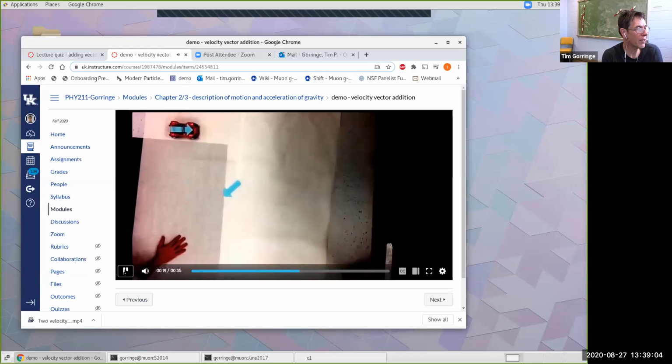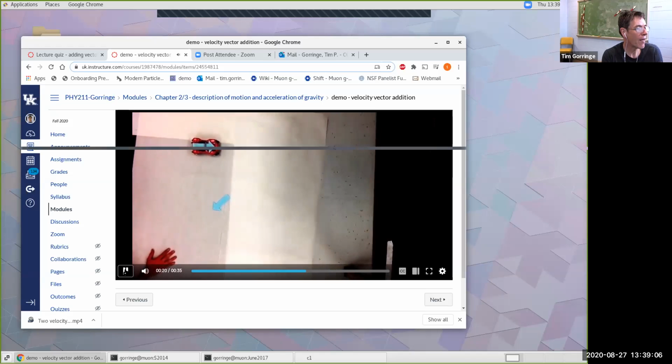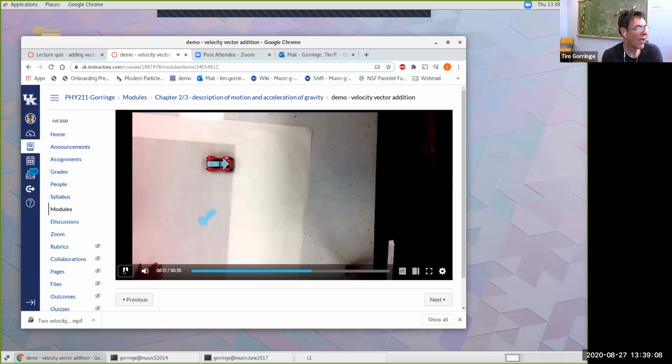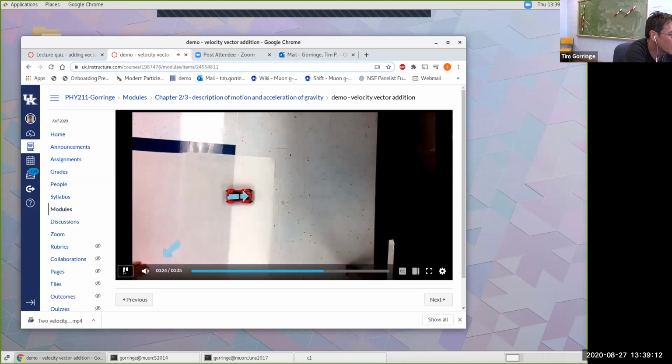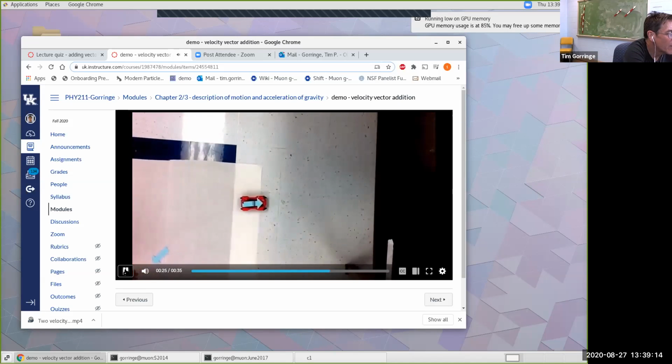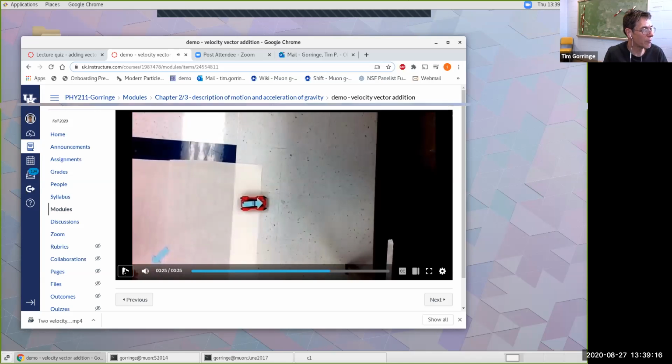We start pulling the paper, and you're seeing the truck moving across the floor, which is the superposition, the addition of the two types of motion. Motion of the truck on the paper and the paper on the floor. We got one more coming up.